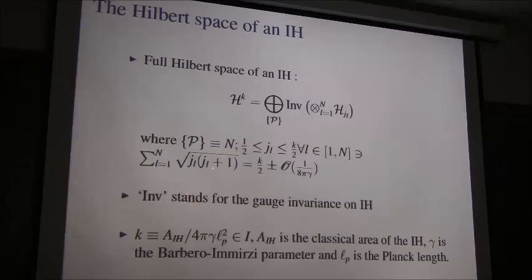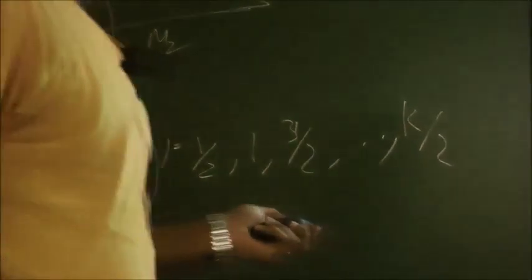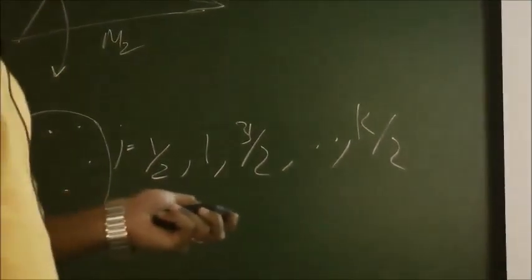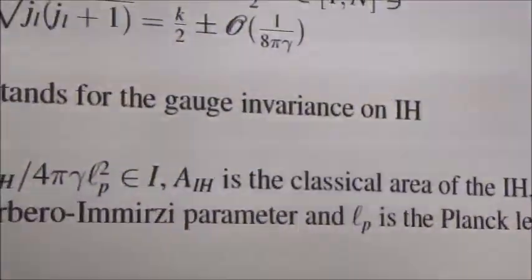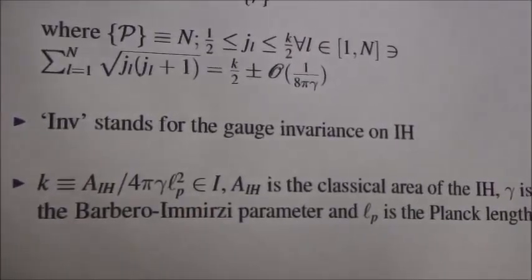So that's how this condition comes into the picture. I will explain that in more detail as we go on. And these spin values have an upper bound of k/2, where k is given by the classical isolated horizon area divided by 4 pi gamma l_P squared. And of course this k is quantized, so it is an integer, 1, 2, 3 and so on.